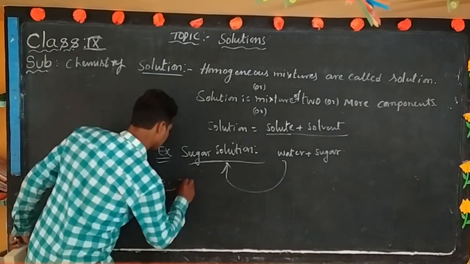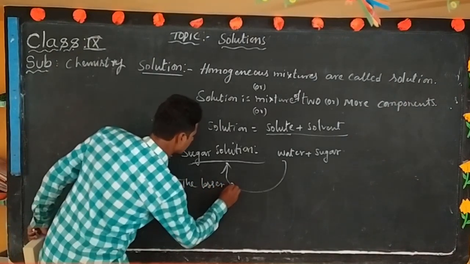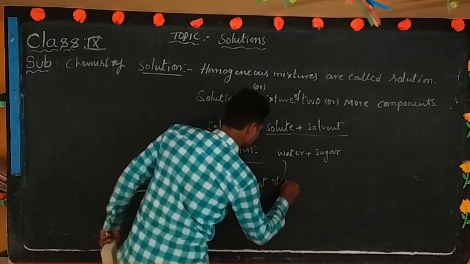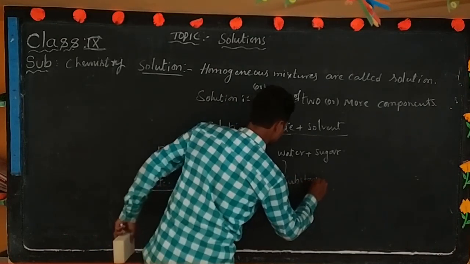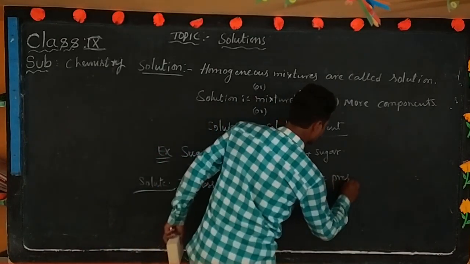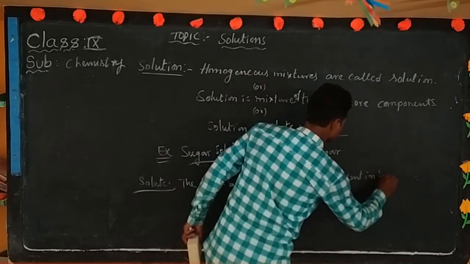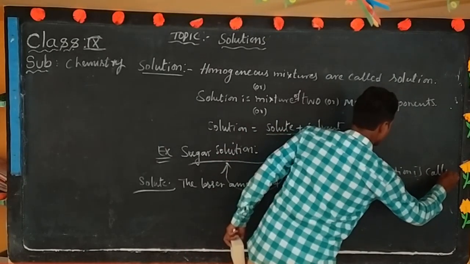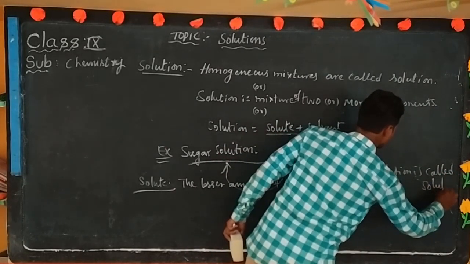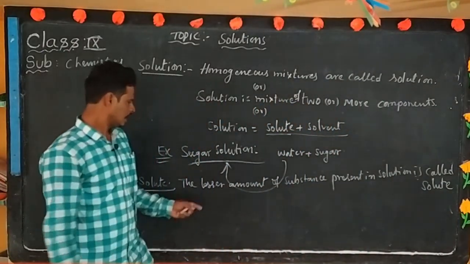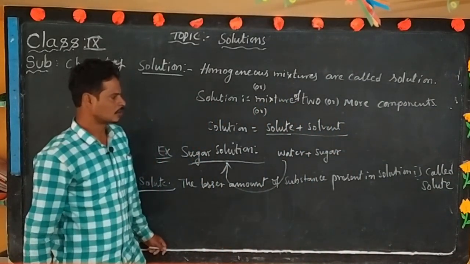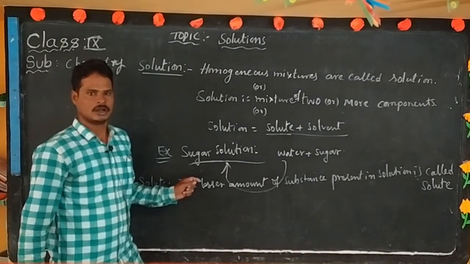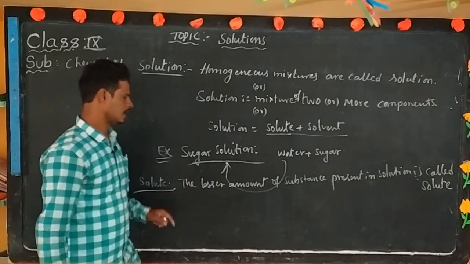The lesser amount of substance present in a solution is called solute. Lesser means less quantity of substance present in the solution is called solute.